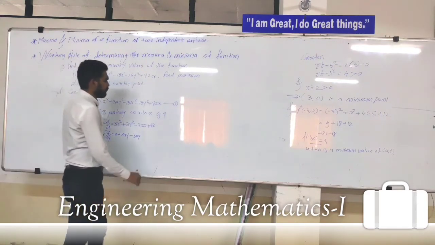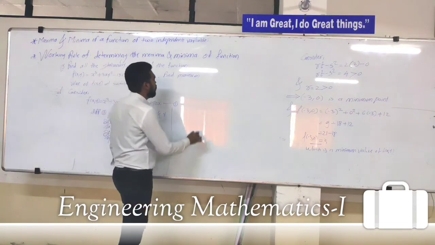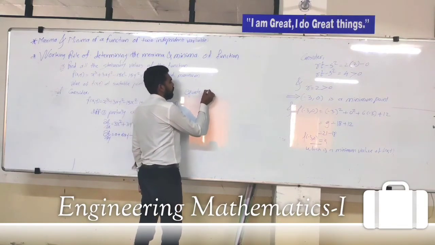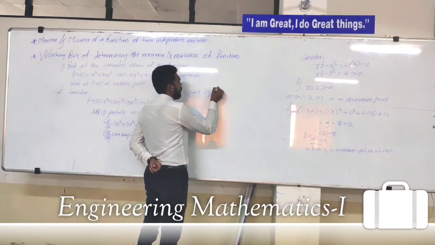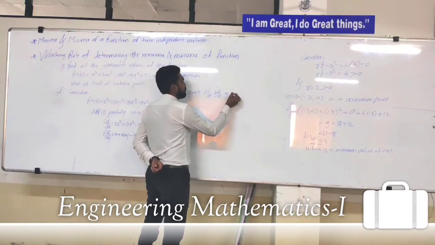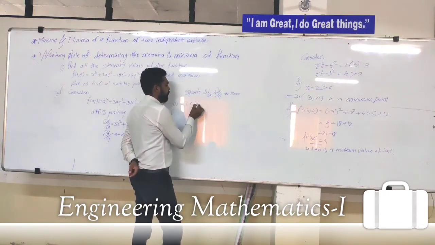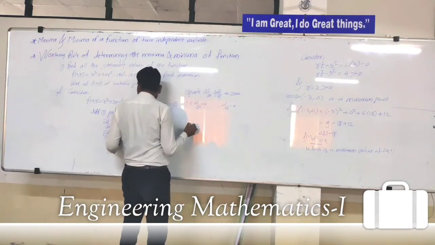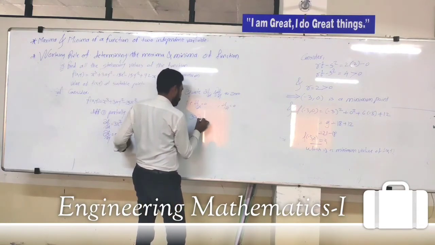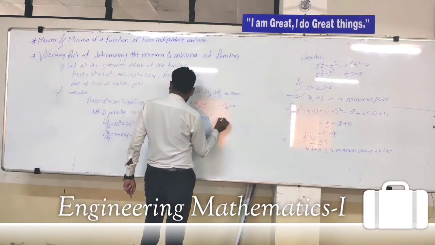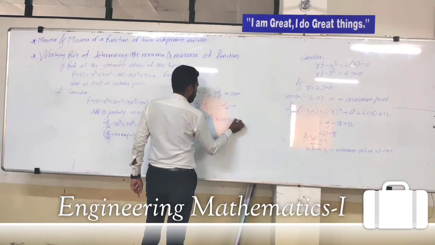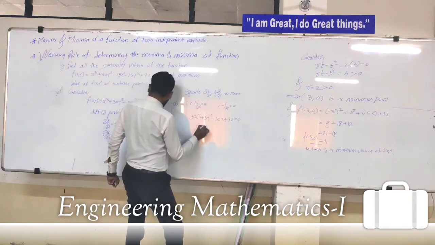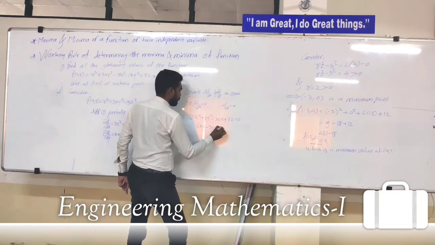So next, after finding the first order partial derivatives, what do we do with them? Equate del f by del x and del f by del y to 0. That is del f by del x is equal to 0 gives 3x square plus 3y square minus 30x plus 72 is equal to 0, and del f by del y is equal to 0 gives 6xy minus 30y is equal to 0.